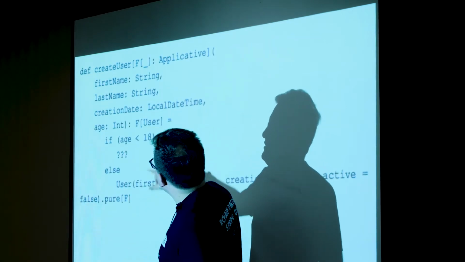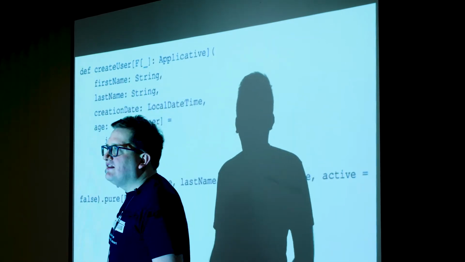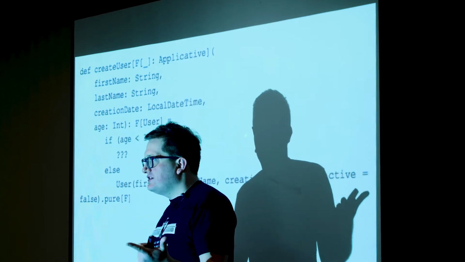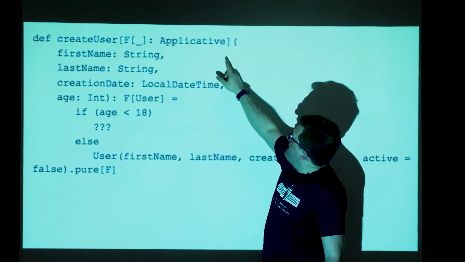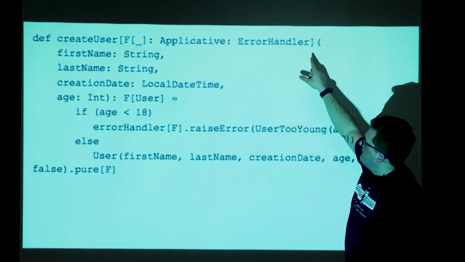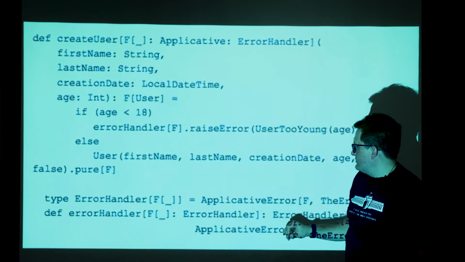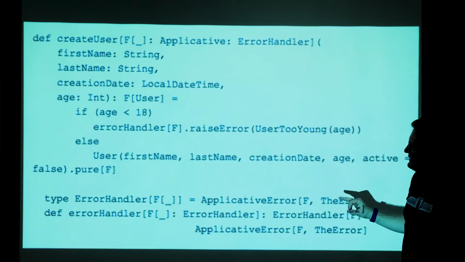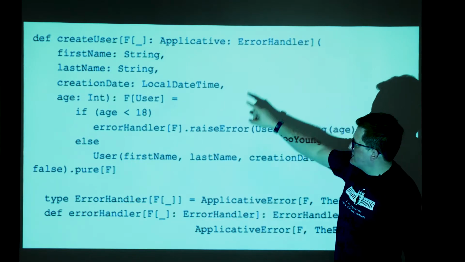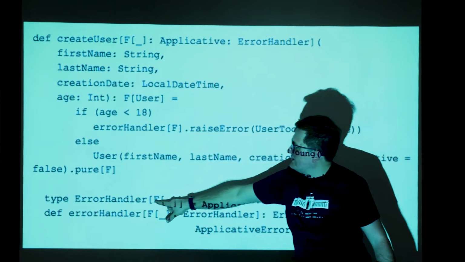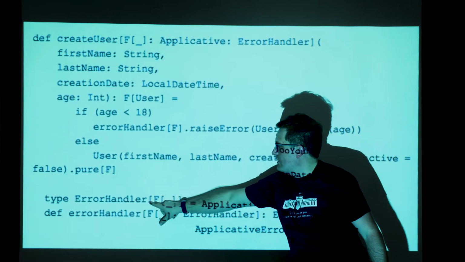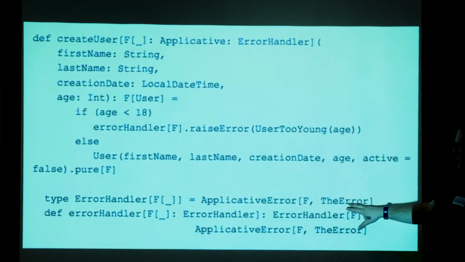Because here, that F can be anything. It could be EitherT, it could be something else. But if we make a constraint that our F is constrained by ApplicativeError, so this ErrorHandler here, there's a little type alias here, so ErrorHandler is just ApplicativeError of the error.